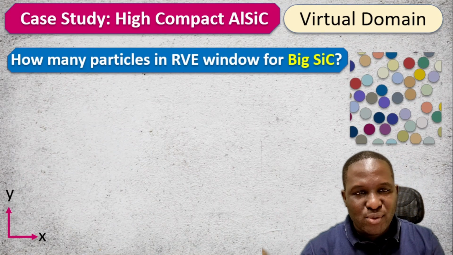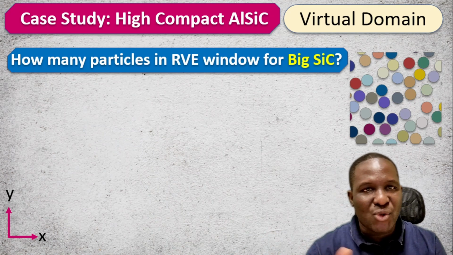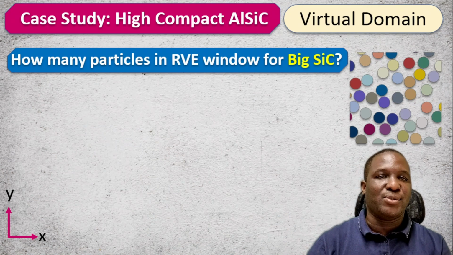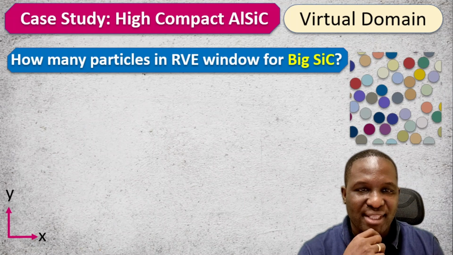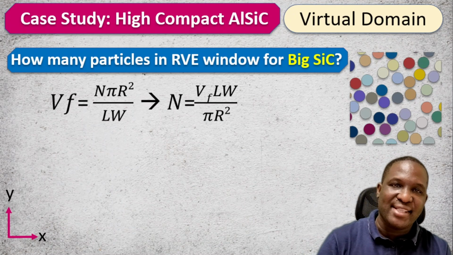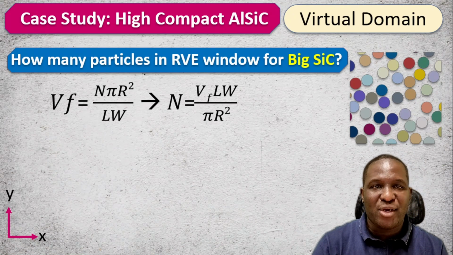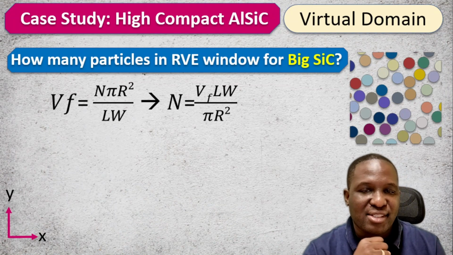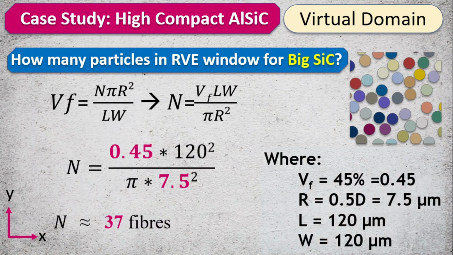Okay, so the first question we need to know is how many of these big size particles will fit within the domain that we're looking at. The domain we're looking at is a domain of 120 by 120 micron in size. And so using this equation, we can work out the number of fibers. My overall intention here is to create a 60% inclusion volume fraction, so the bigger size can accommodate nicely a 45% inclusion in the way that I've modeled this.